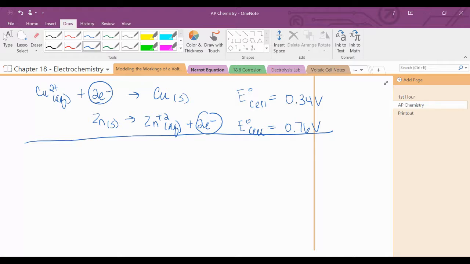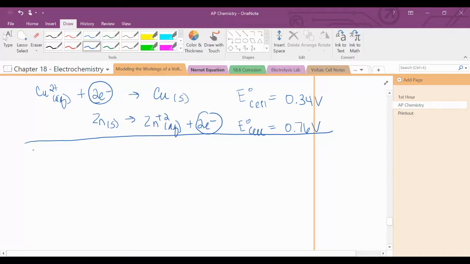And the other thing is that even if we're multiplying the equation by 2, because of the properties of cell potential, you do not multiply the cell potential by that value. So you might want to make yourself a little note so you remember when you go back.